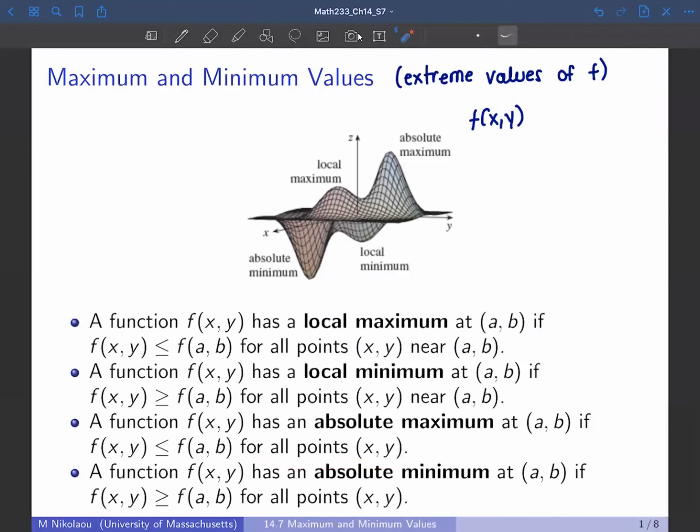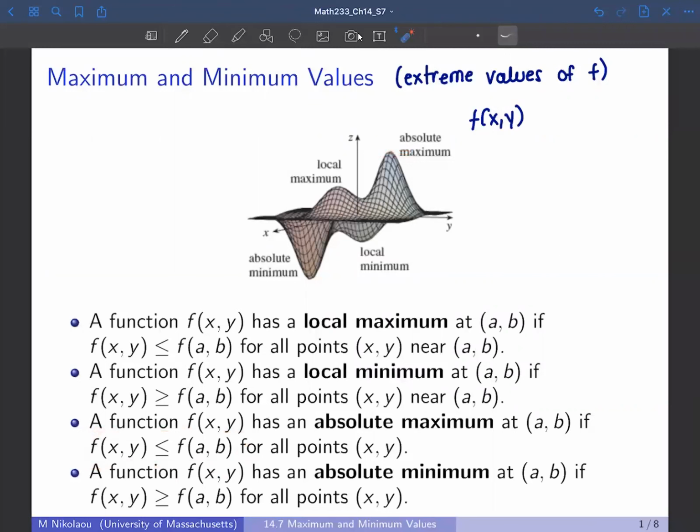It doesn't matter whether the point is in the neighborhood of a, b or further away: if f of x comma y is less or equal to f of a comma b, then we have an absolute maximum. In the graph, this is the absolute maximum, the maximum value that the function takes on all the domain where it is defined.